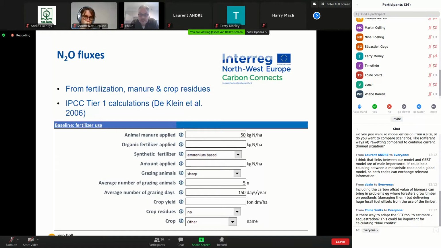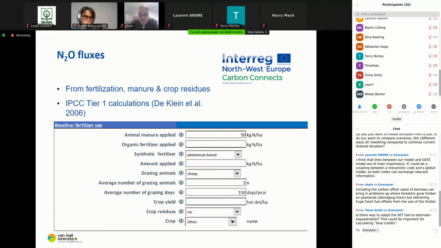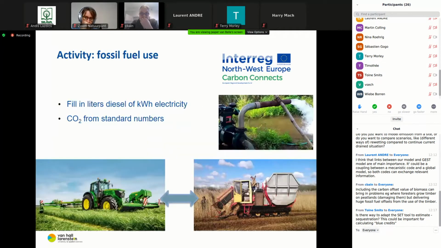So that's basic. This is actually the part that asks most inputs from the user. This is just for the baseline situation. You have a similar input screen for the rewetting situation.